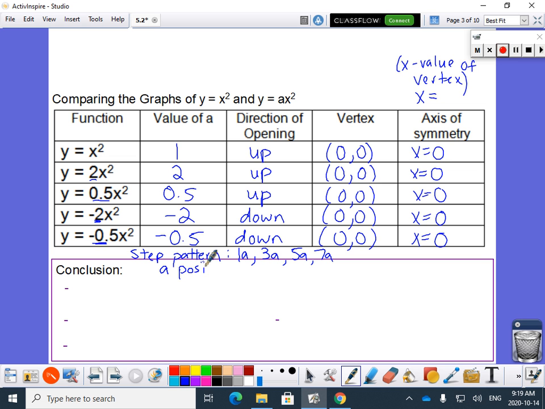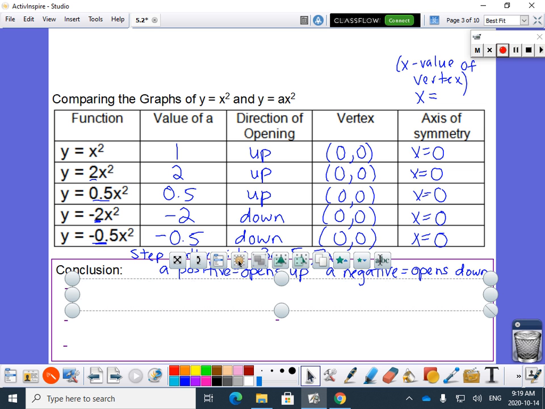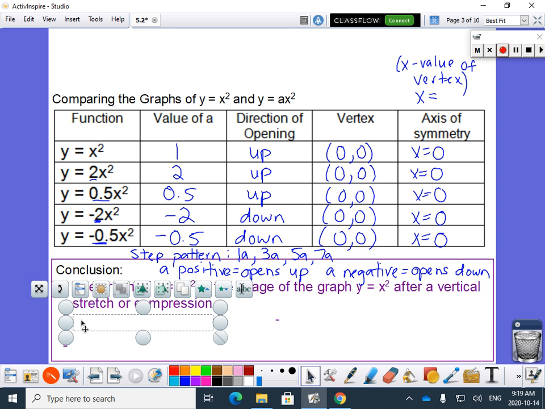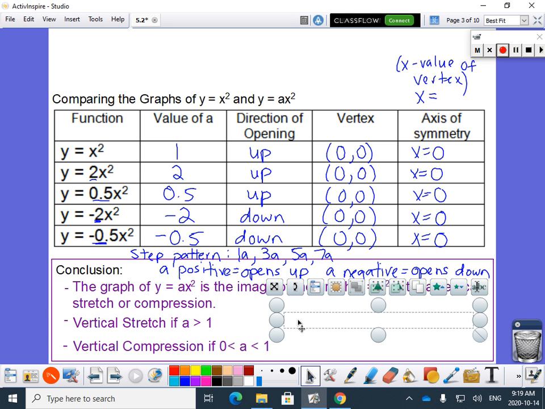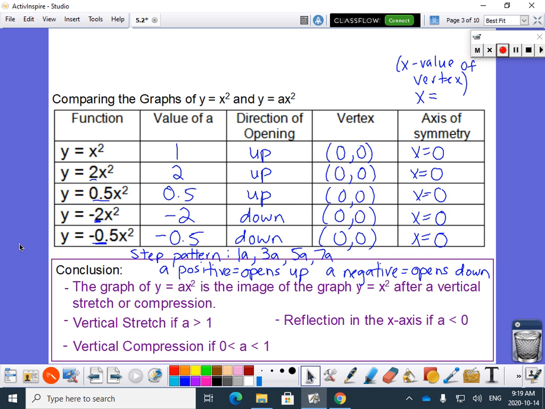If a is positive, it opens up. And if a is negative, opens down.